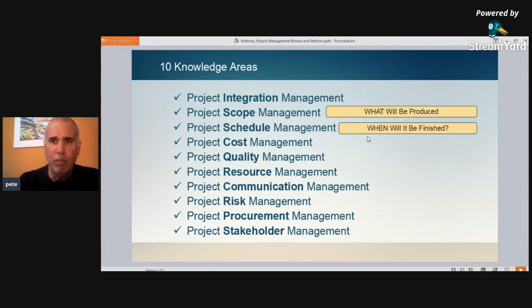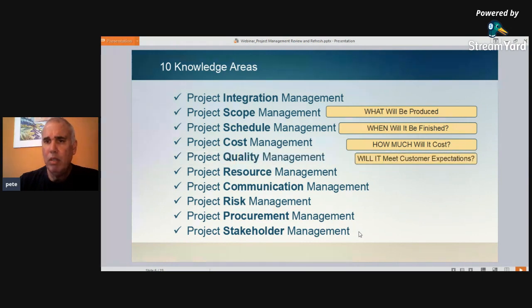And schedule management says, well, when will it be finished? Answers that question. Cost management answers the question, how much will it cost? Quality management answers the question, well, now that it's built and we spent money on it, is it meeting customer expectations?